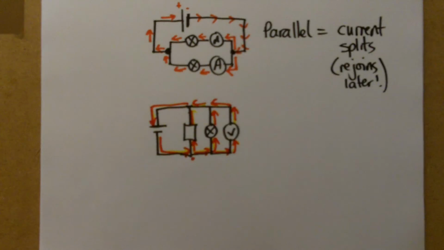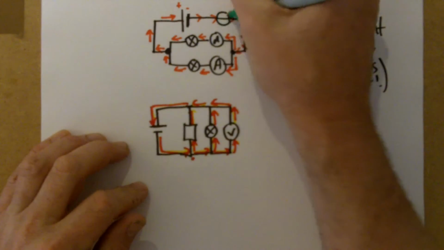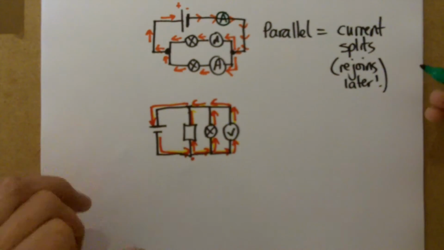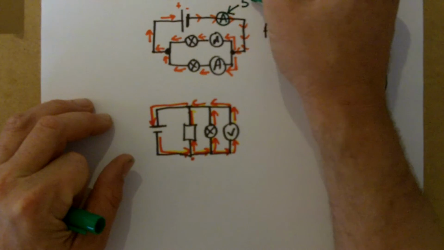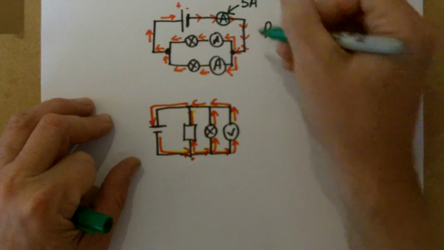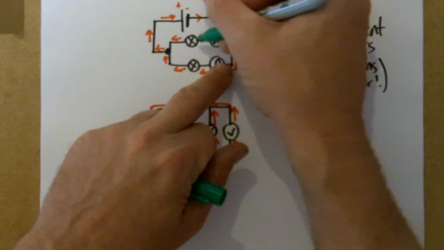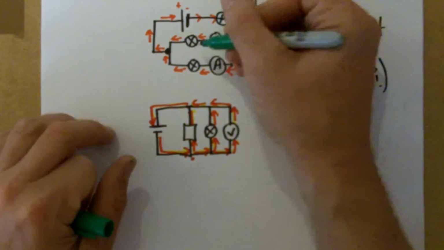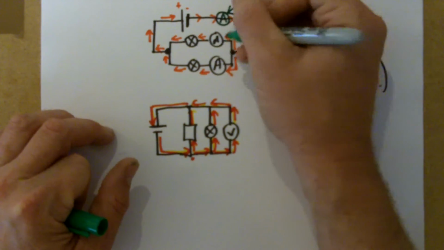Now, because the current splits up, then the current will change its size. Now, I'm going to add a cheeky ammeter in here, and if this ammeter reads 5 amps, for example, then the current will split up between these two branches. Now, if these bulbs are identical, then the current will split perfectly in half.